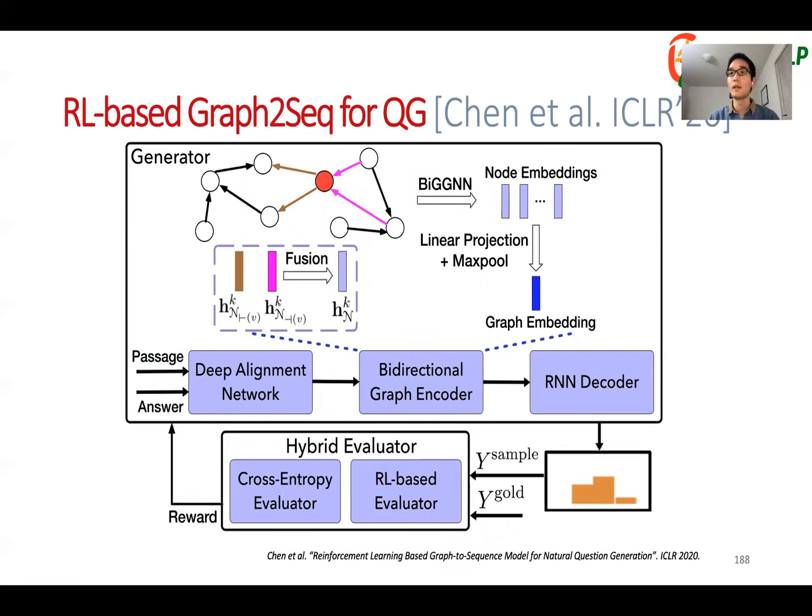This SIGIR 2021 paper proposed an RL-based graph-to-sequence model for the QG task. As we can see from this diagram, the model consists of a GNN-based graph-to-sequence generator and a hybrid evaluator combining both cross-entropy-based and RL-based objective functions. In order to better capture the rich structure information hidden in the passage text, they constructed a passage graph which contains each word in the passage as a node and applied a GNN to encode the graph.